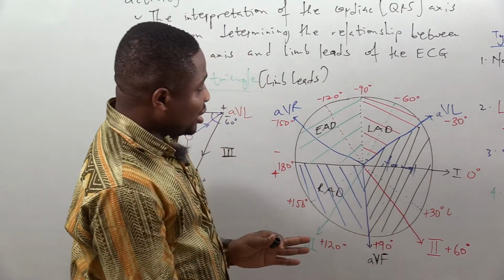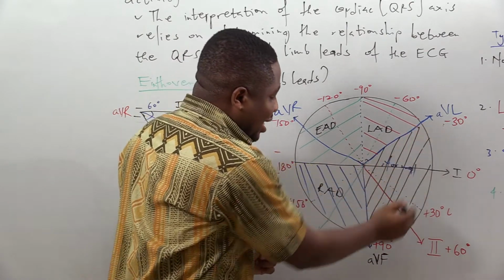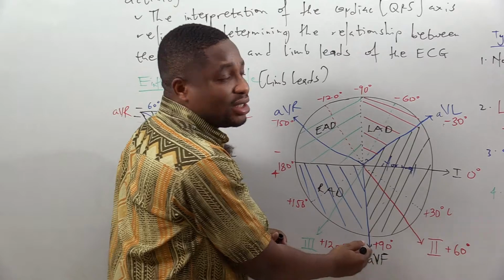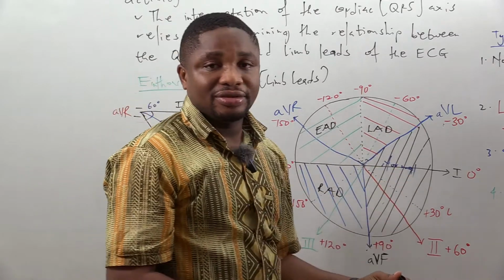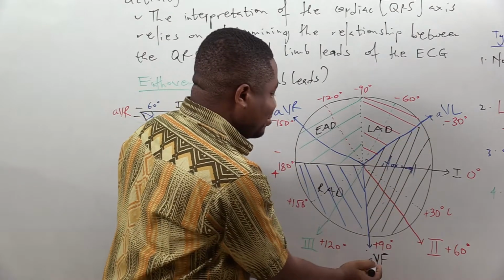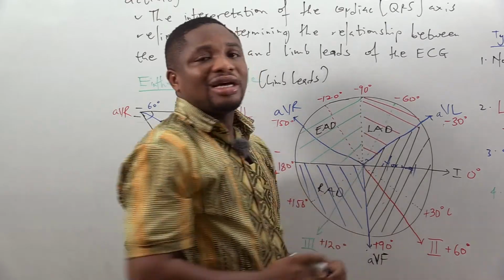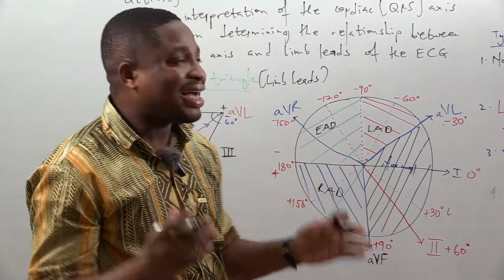Look at it very carefully. It's going to be between angle minus 30 degrees and what? Plus 90 degrees. So if the cardiac axis is falling between minus 30 and plus 90 degrees, then we'll say that is a normal cardiac axis.